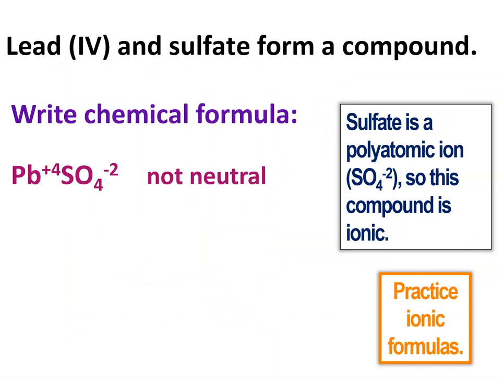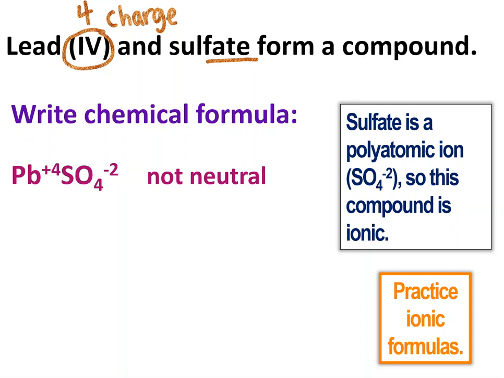Let's look at another one. When you see the Roman numeral here, that tells you the charge. You need to know your Roman numerals. It doesn't usually go beyond 6, but anyway, so that's a 4. Lead and sulfate. I know this is ionic because when I see this -ate ending, I know that's a polyatomic ion.